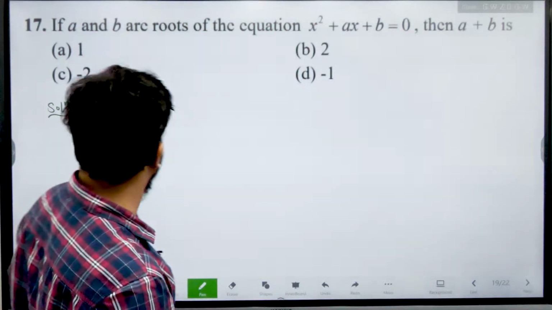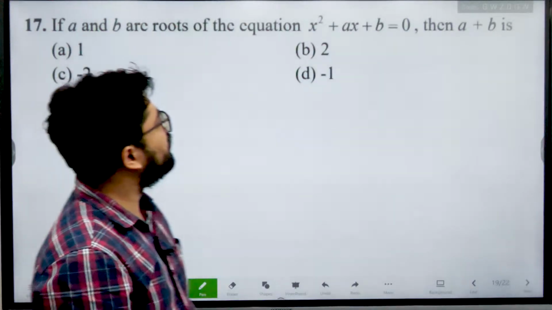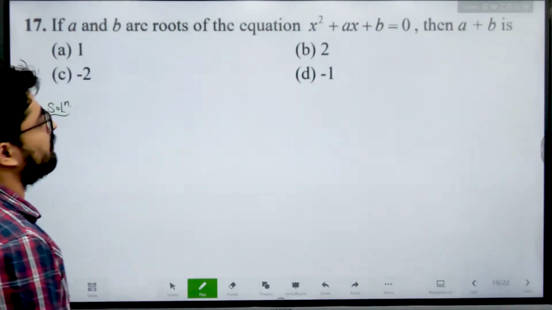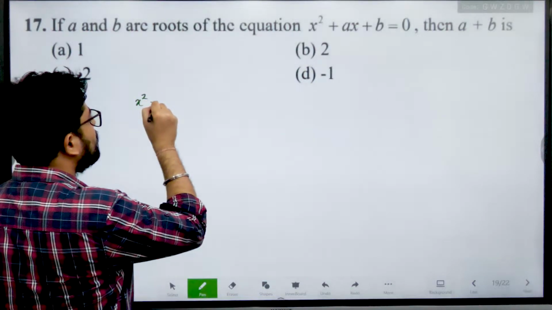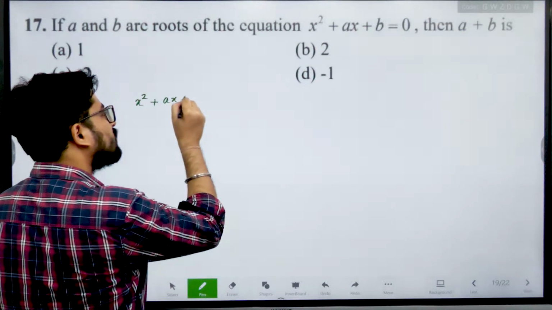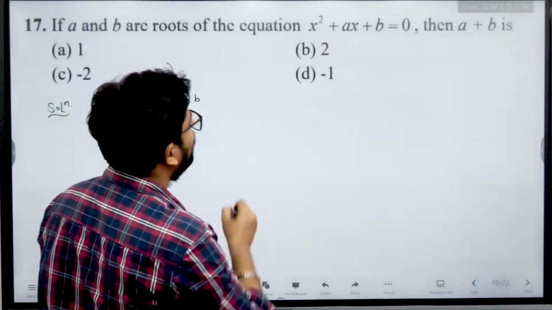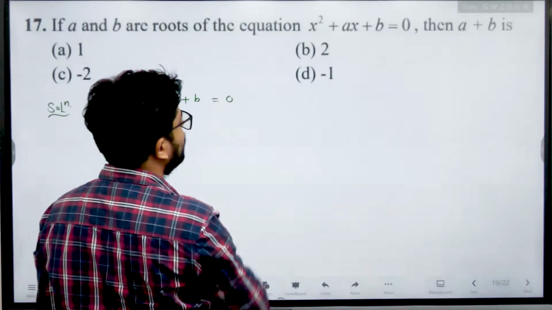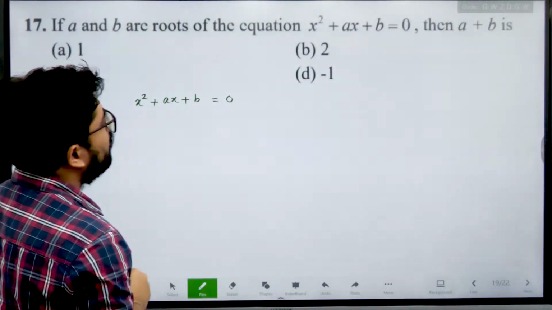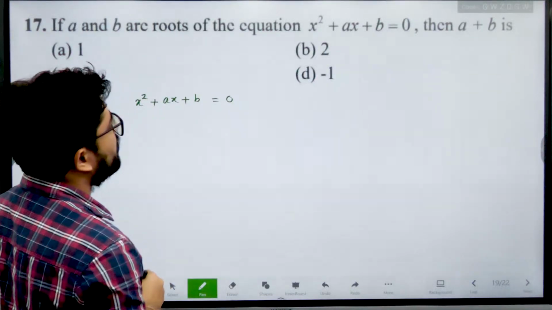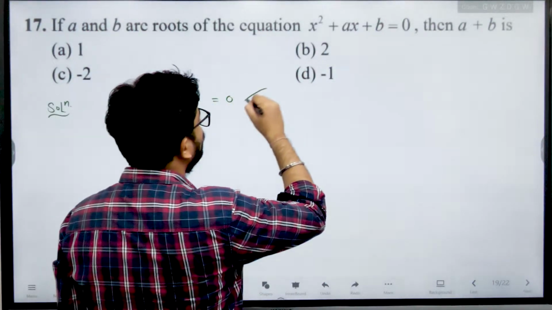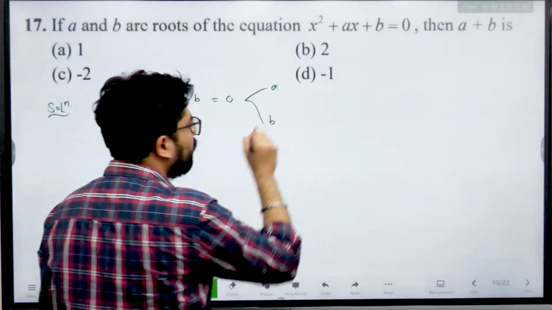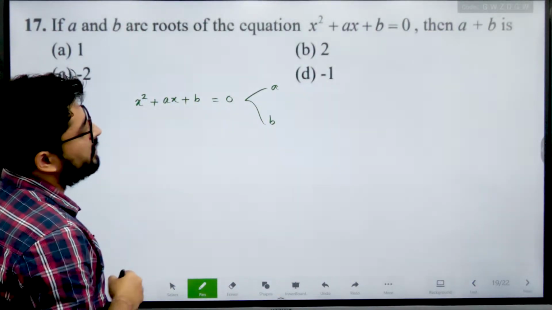Question number 17 is: if a and b are the roots of the equation x square plus ax plus b equal to 0, then a plus b is what? The equation has two roots, a and b, so find a plus b.